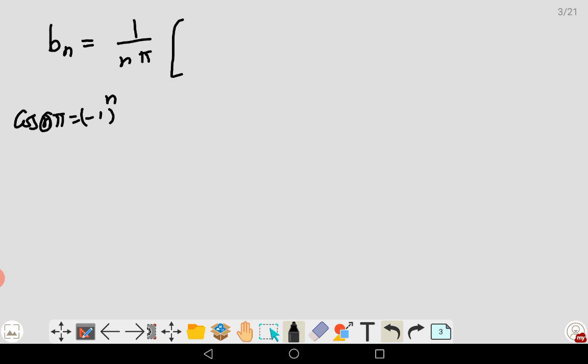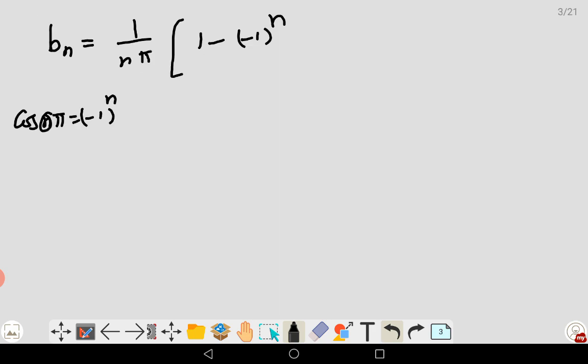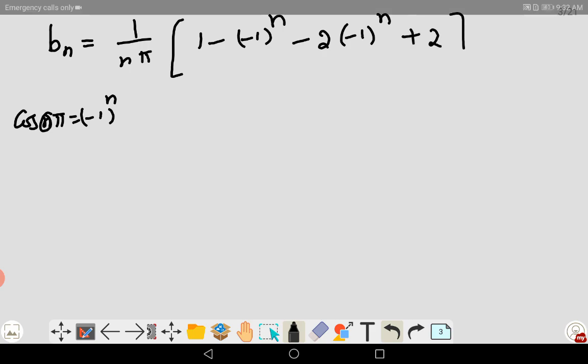So you get 1 minus, minus 1 to the power n. Go to the next one, check. Minus 2 times cosine n pi, isn't it? Minus 2 times minus 1 to the power n, plus 2.